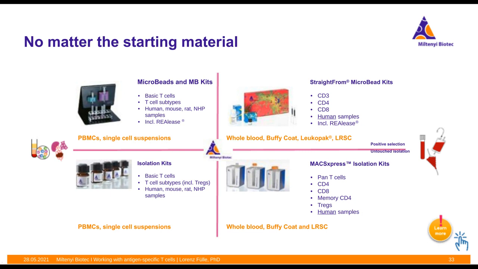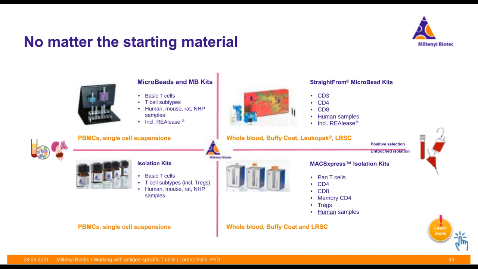Second, we have the so-called isolation kits that are made for an untouched isolation of T cells from PBMCs or more defined suspensions. For both approaches, we cover kits for the isolation of basic T cells, but also almost any T cell subtypes from human, mouse, rat, but also non-human primates.